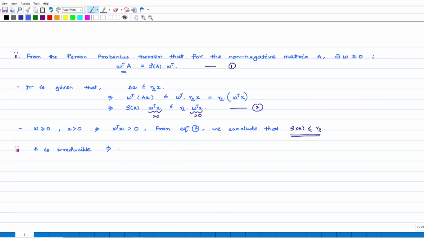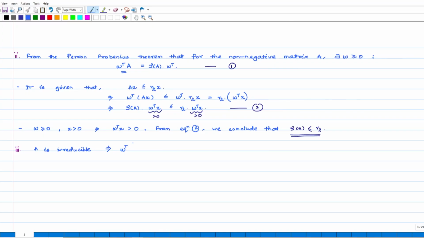Meaning, w, the dominant eigenvector corresponding to the eigenvalue rho of A, is strictly greater than 0. So, how does this help us? Let us see.